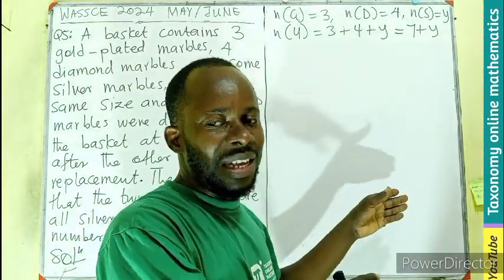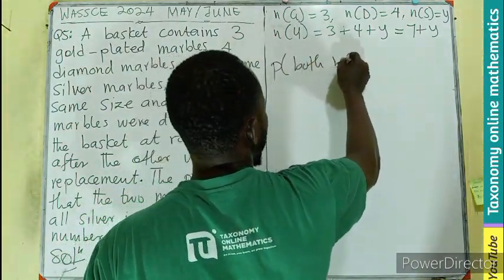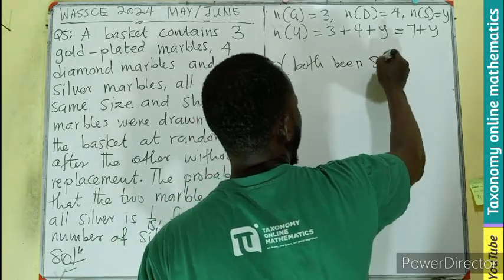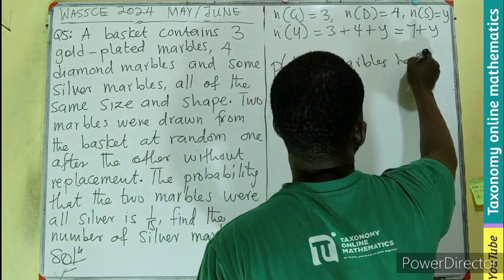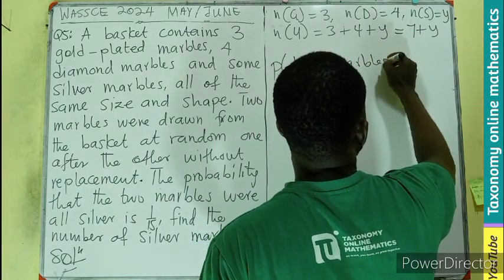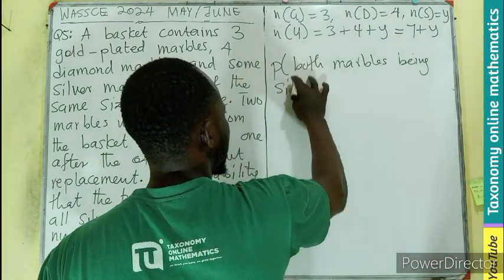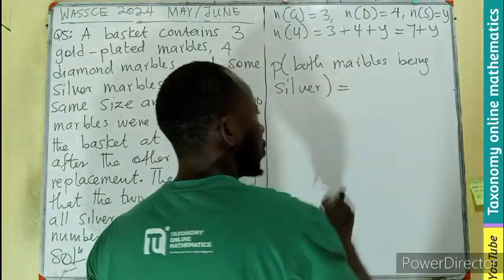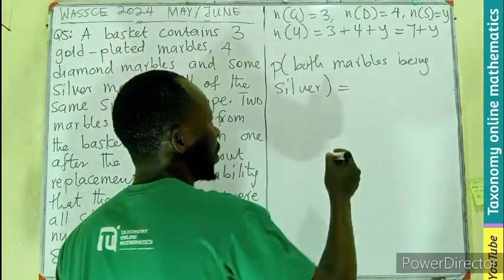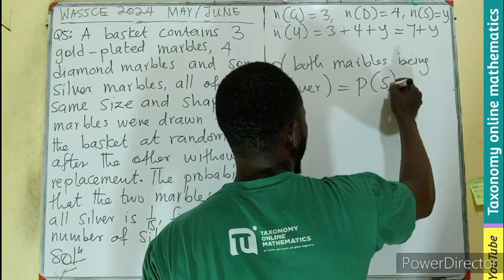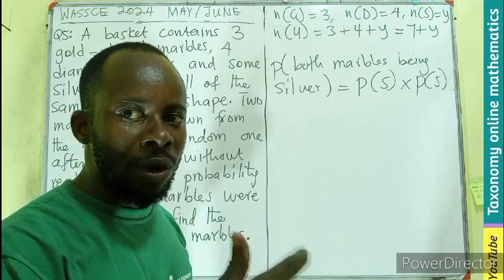So the first one is silver, the second is silver. The probability of both marbles being silver is the probability of the first being silver times the probability of the second being silver, taking into account there is no replacement.